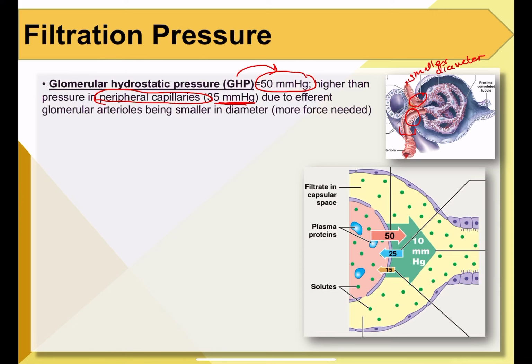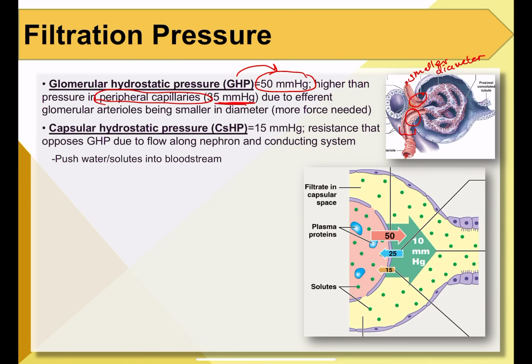All right, now a second pressure is called capsular hydrostatic pressure. This is talking about how much resistance there is that opposes your glomerular hydrostatic pressure due to fluid being in your renal tubules and within your capsular space. So you have 50 millimeters of mercury of pressure going this way, because that's the glomerular hydrostatic pressure coming through. But you have liquid here too, all over the place.